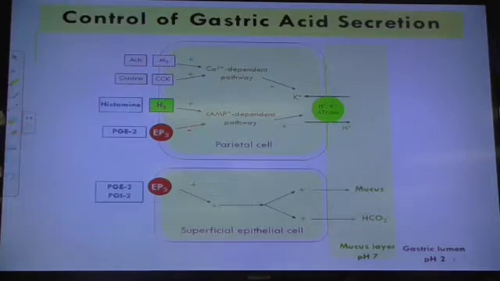The mucus layer is going to protect the gastric epithelial cell from the gastric acid, the enzymes, or the digestive juice that would digest the epithelial cell. The pH at the mucus layer is equal to pH 7, which means it can neutralize the gastric acid from the stomach lumen.